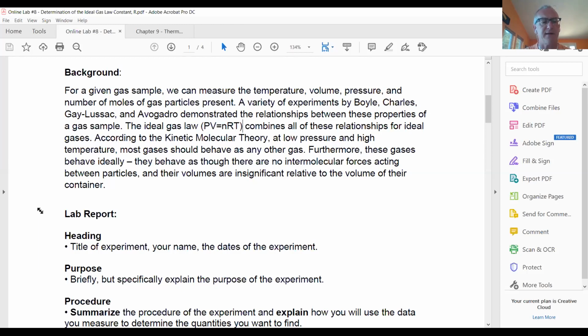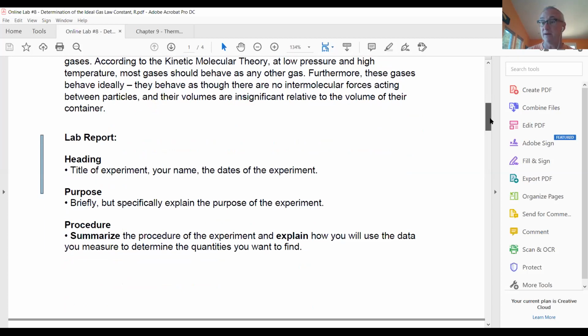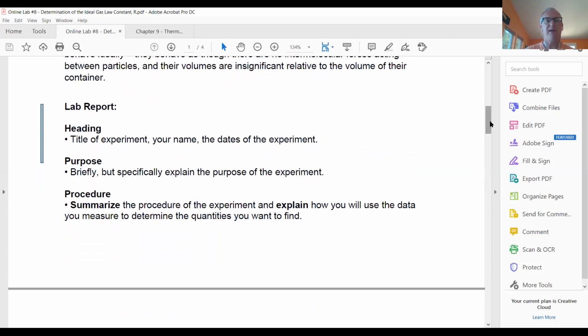I sort of gave some basic information on how to do lab reports. It's just a reminder, because on this particular set of instructions, there's not a lot of room to actually fill in everything you need. So you'll just have to write it out yourself.